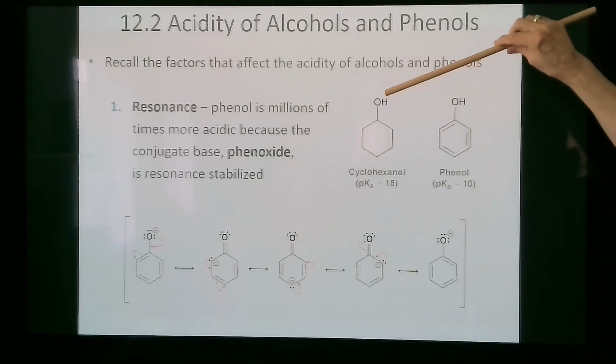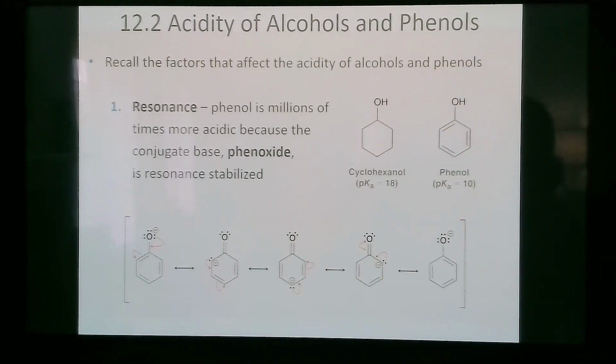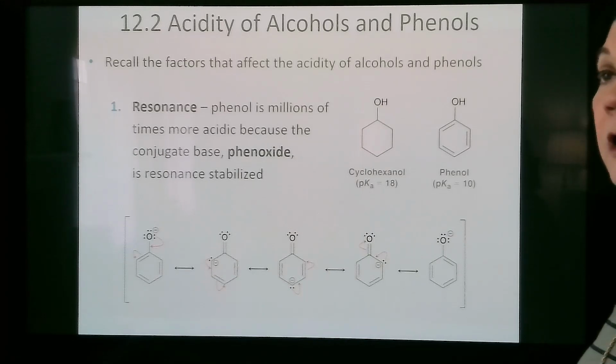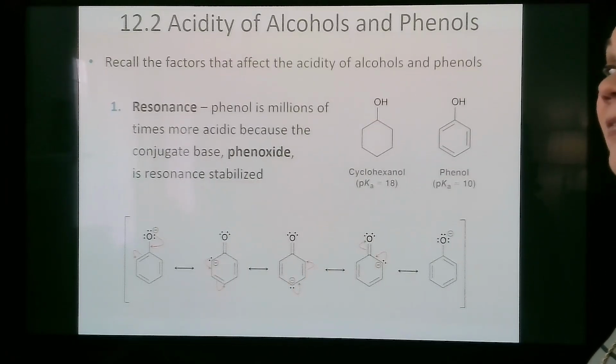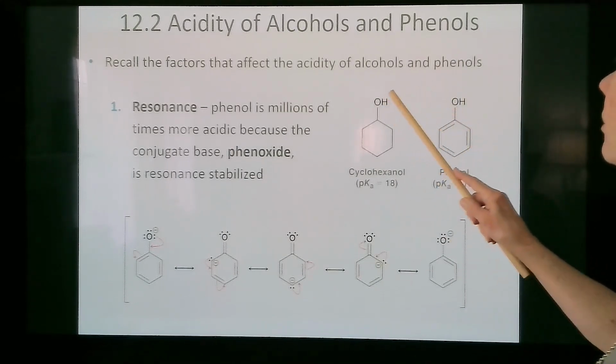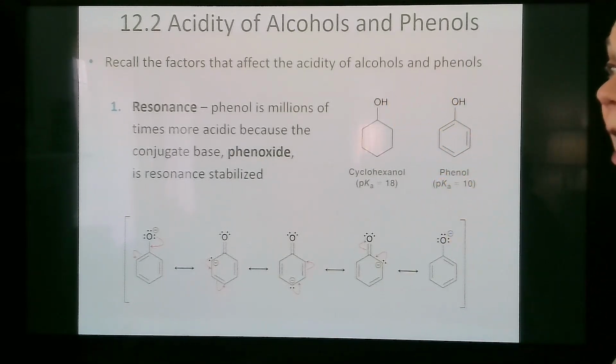Each of these has a hydroxyl group. So in recalling REO, the first part of REO, the A is the atom upon which the negative charge will reside. And here it's going to be oxygen in each case.